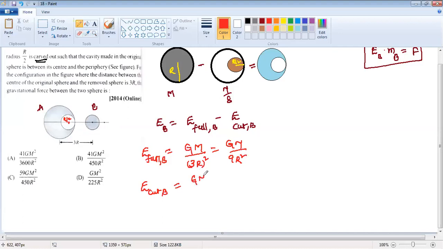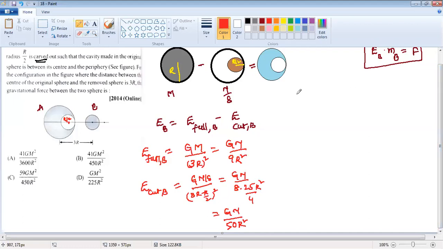The cut part mass is m by 8. 3r minus r by 2 whole square: 2 threes are 6, 6 minus 1 is 5. So that is GM by 8 into 25r square by 4, which is GM by 50r square.